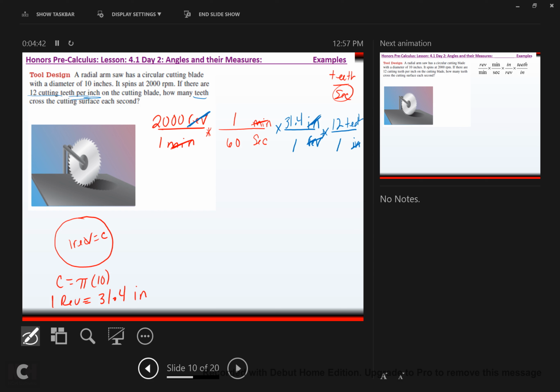All I have to do is figure out 2,000 times 31.4 times 12 divided by 60. If I type that in, trust me, I already did it, you get 1,256 teeth per second. Okay?